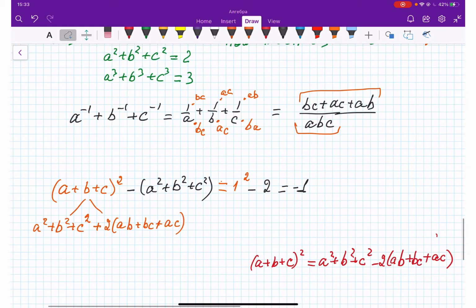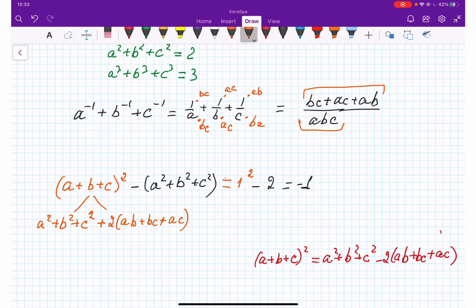So, we have here 2 times ab plus bc plus ac. We opened it. And I am doing minus, opening the second parenthesis, minus a squared minus b squared minus c squared, where all of them are canceling each other. And the result is going to be twice ab plus bc plus ac, right?